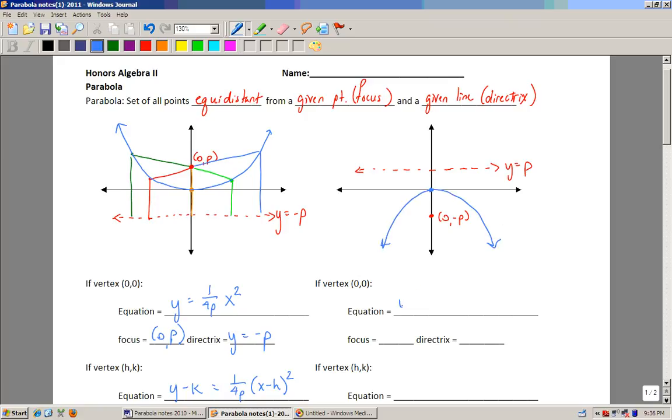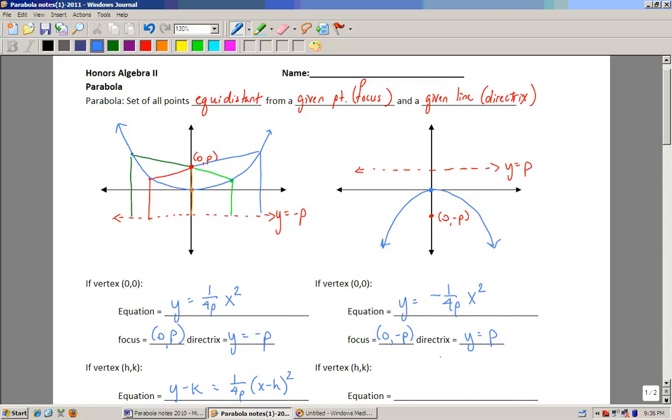So this one is the same equation, but the coefficient is negative. Negative 1 over 4p x squared means the parabola is opening down. The focus is down below the vertex at (0, negative p). The directrix is above it at y equals positive p.